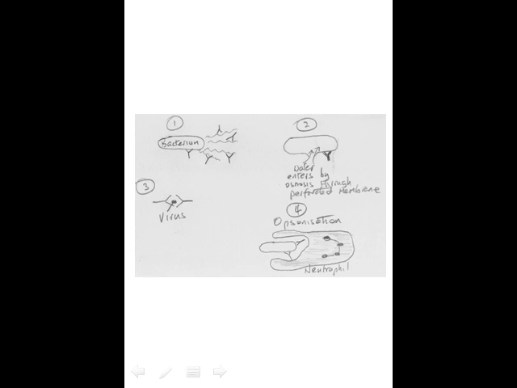Step 4 involves a process called opsonization. So when that stem of the Y acts as an attractant to other immune cells, it's a sort of marking process. We call it opsonization.